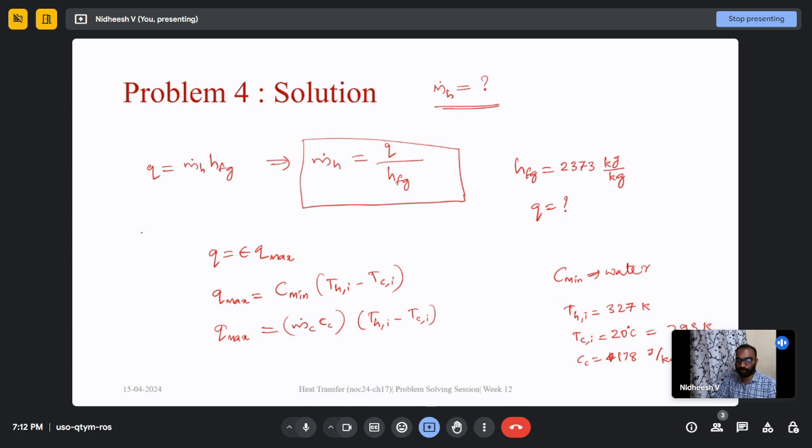So if I substitute all those values, we will get Q max as 22.8 multiplied by 4178 multiplied by 327 minus 293.